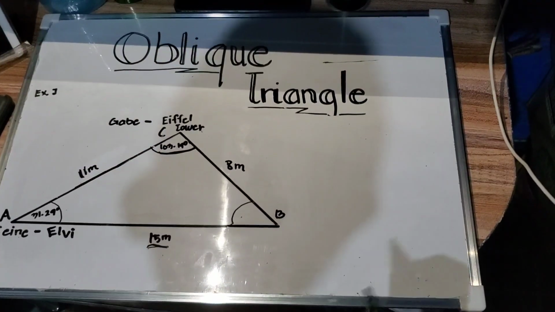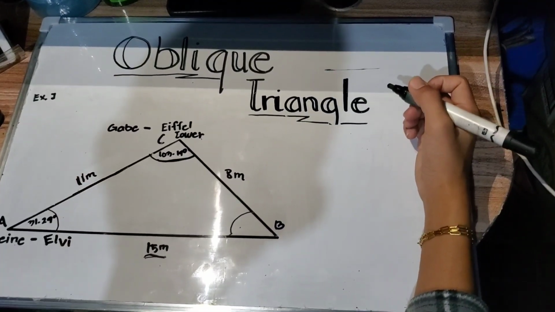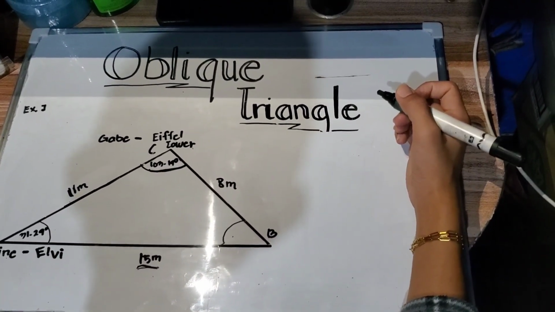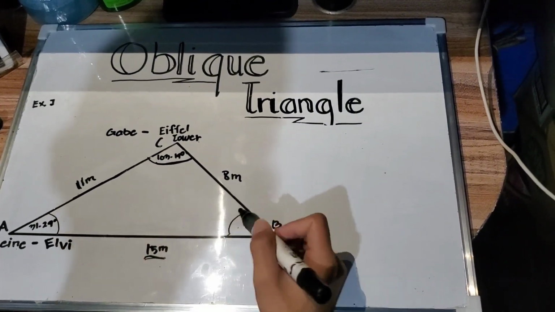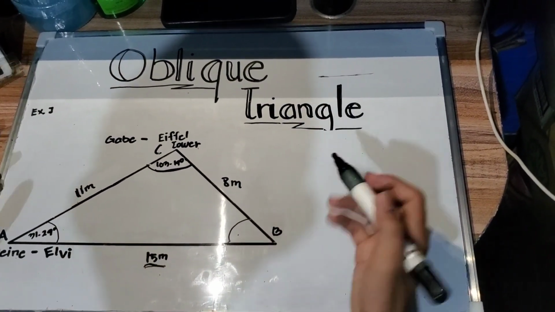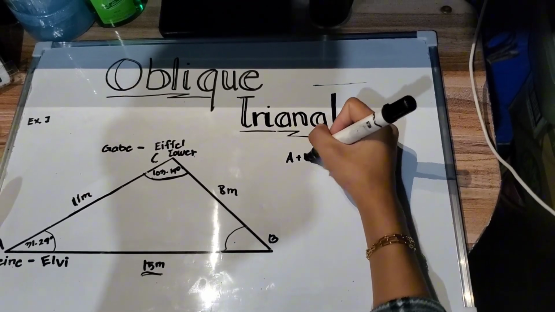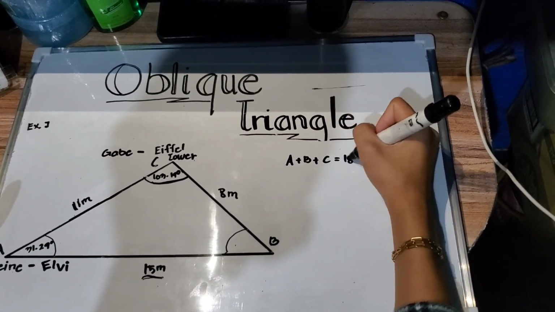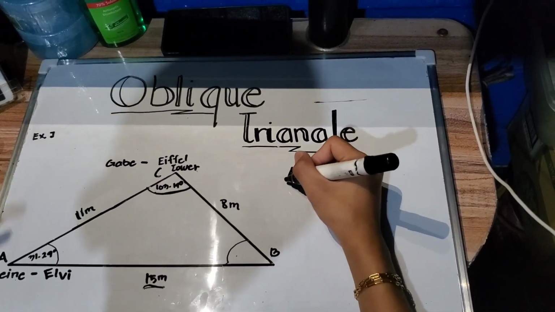Since we've already solved for two angles, and there is only one unknown angle, we're going to use the triangle sum theorem, wherein A plus B plus C is equal to 180 degrees. So we need to substitute the given values from this triangle.